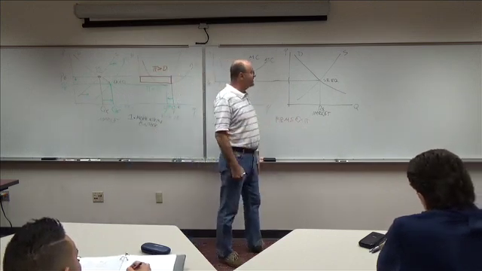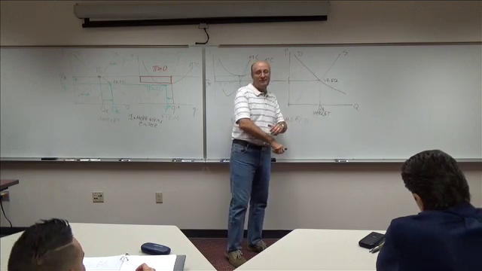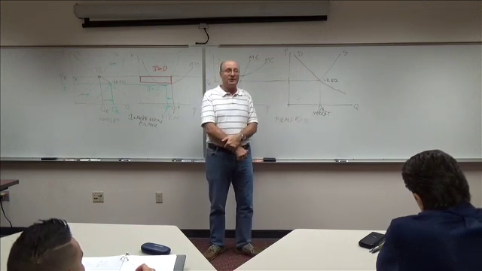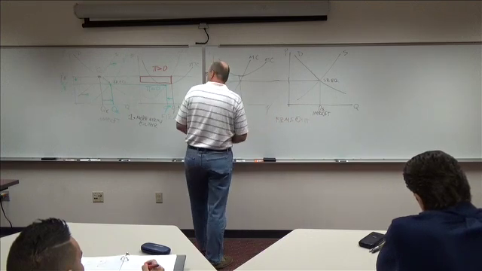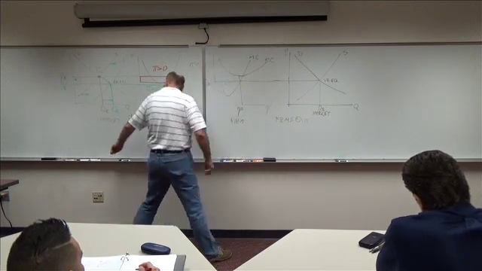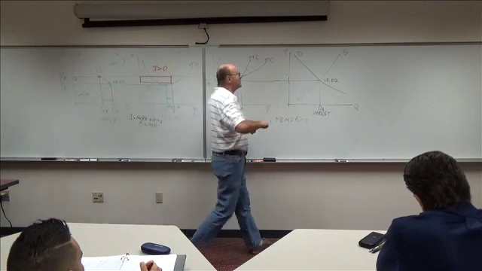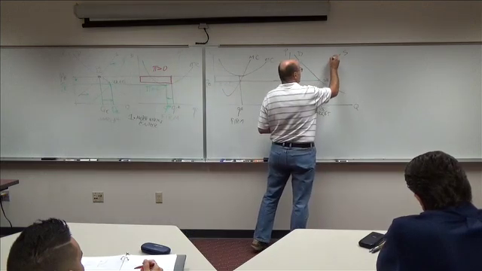When the number of firms is decreasing, which of these two curves shifts? The supply curve. Which way when the number of firms decreases? To the left. So supply starts shifting to the left.